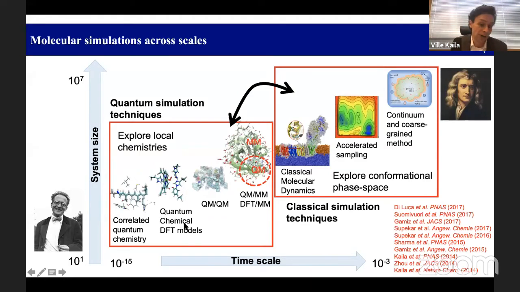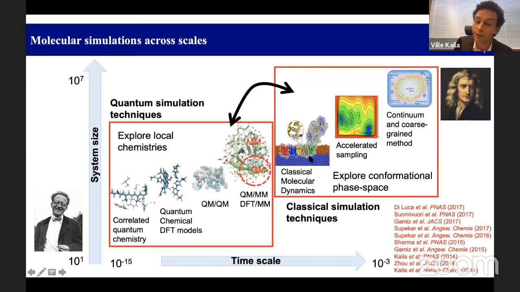We use very much the density functional theory methods in my group due to the good scaling and accuracy. But for some problems, we also try to go to better, correlated quantum chemical methods that we then couple together via the QM/MM framework to methods that are good for exploring the phase space of the system.